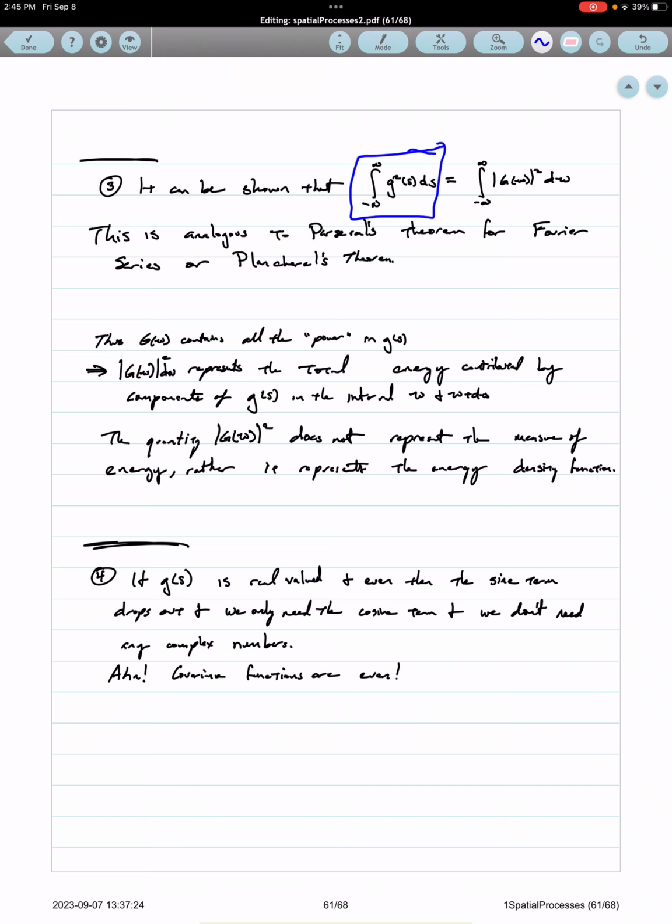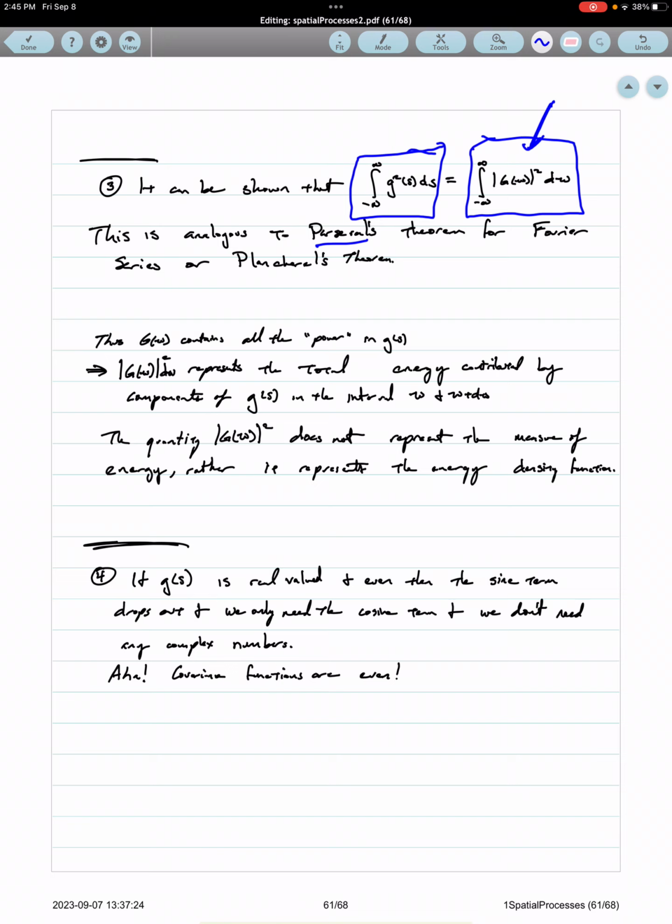But if we think of this as energy, it turns out that that information is contained in the integral of the square of our transformed function g. And if you look back to what we called Parseval's relationship, which was talking about the Cn squareds, this thing on the right-hand side is playing the role of the Cn squareds.